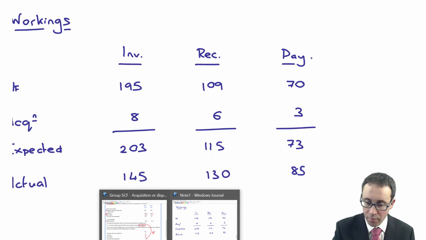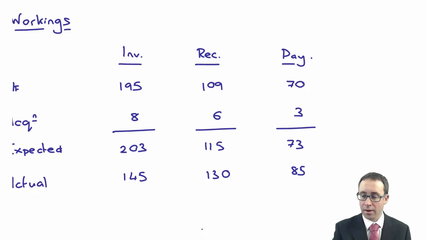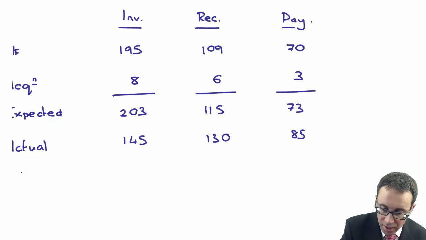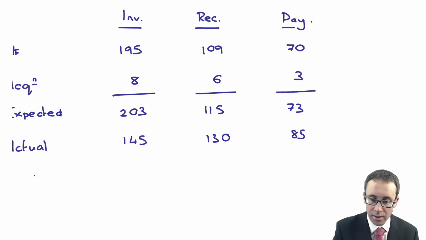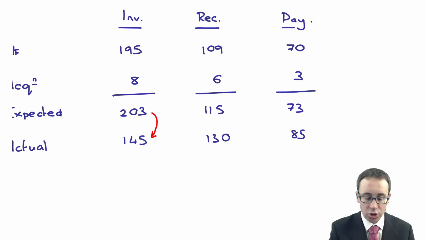Okay, let's just double check. 145, 130, and 85. Excellent, all correct. Okay, once we've gone through and dealt with that, we can then begin to look at the movement, can't we? So you can see there that the actual is 145, the expected is 203.